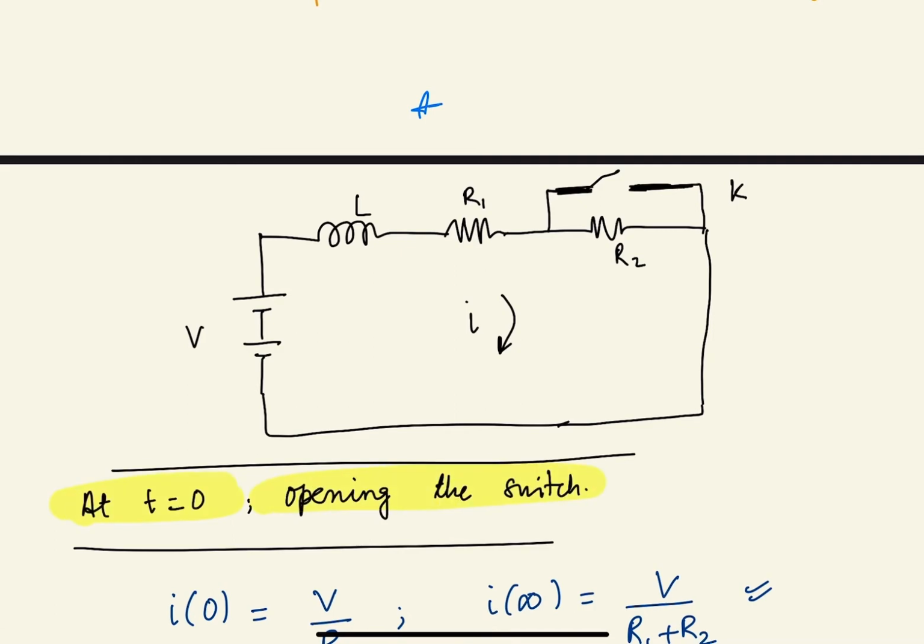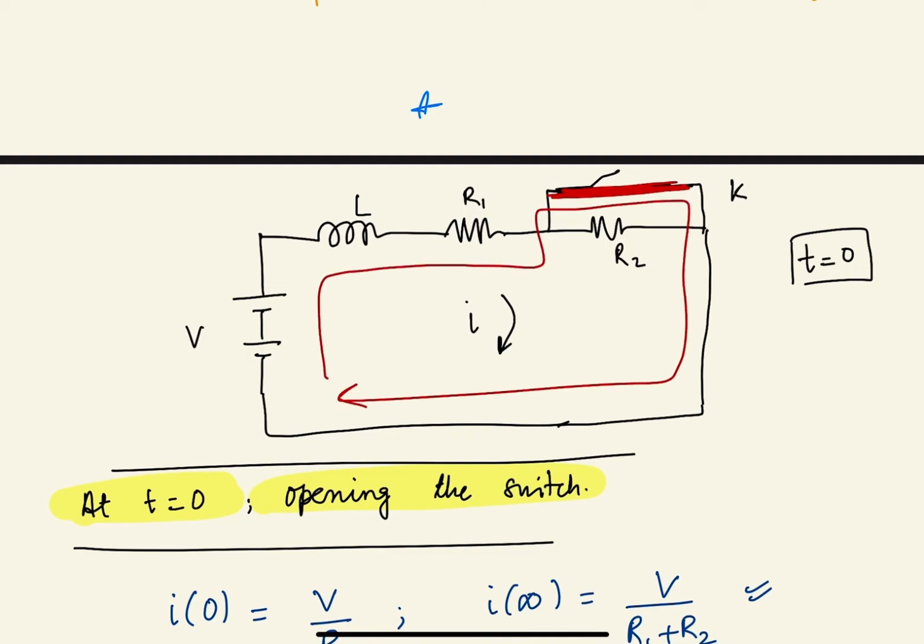So what does that mean? That means that before t equal to 0, before the switching, the circuit was connected like this. So the direction of current would be like this. No current would go through R2. All of the current would go through R1 only.